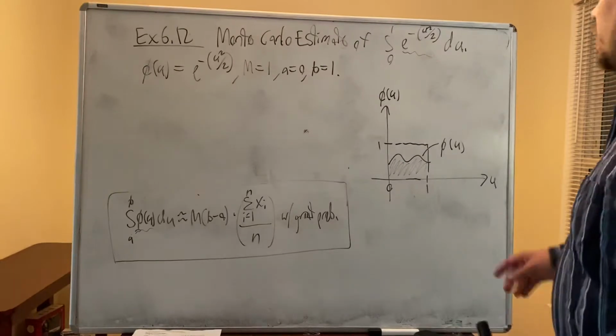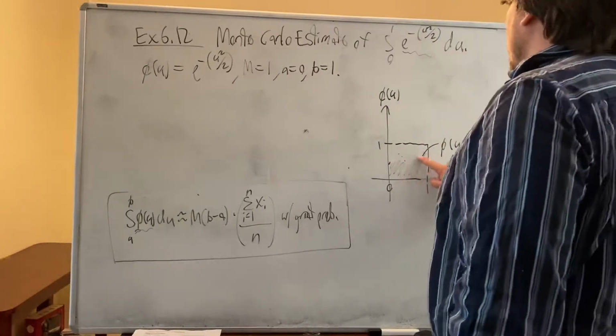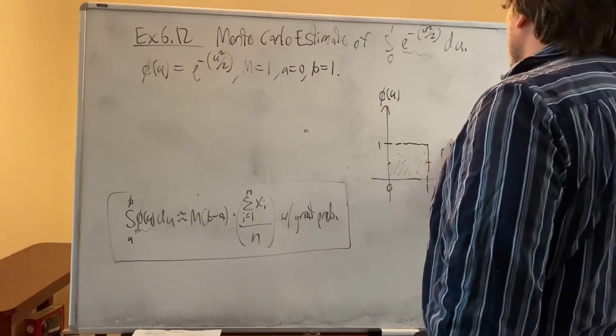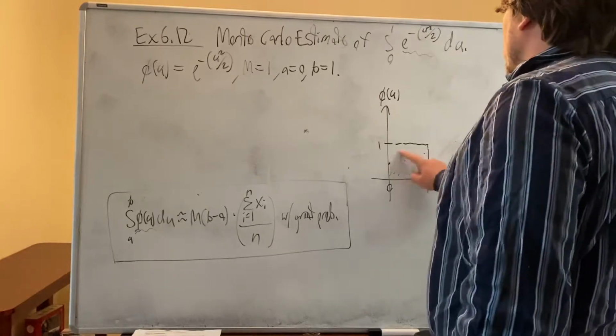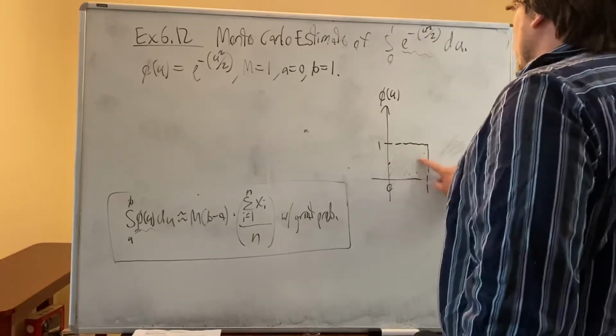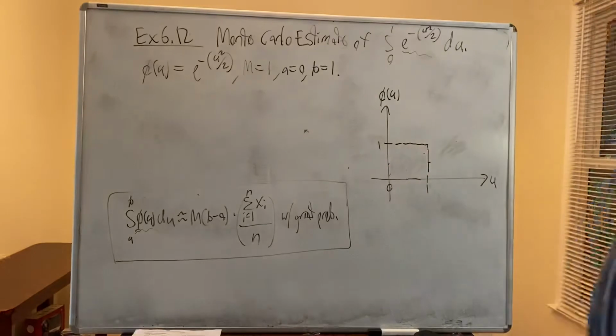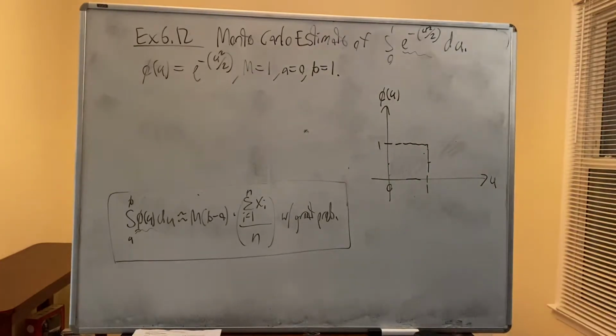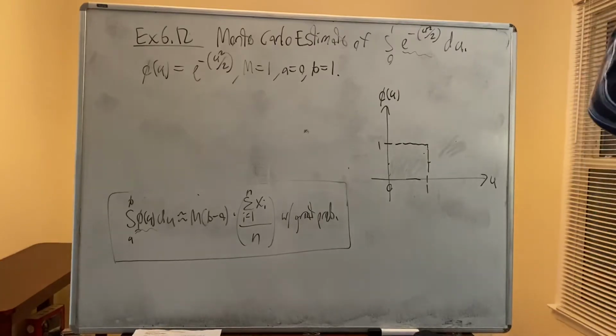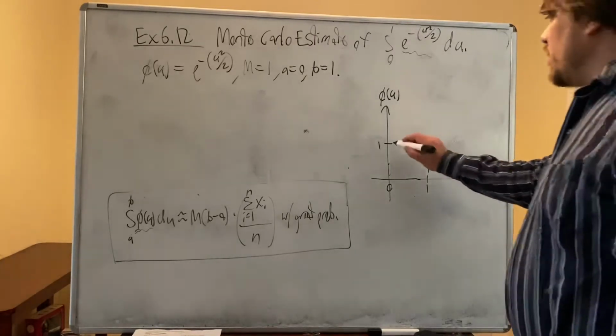Oh, phi of u is e to the negative u squared over 2. Right, so however that graph looks, take the area underneath it. When u is 0, the value is 1.